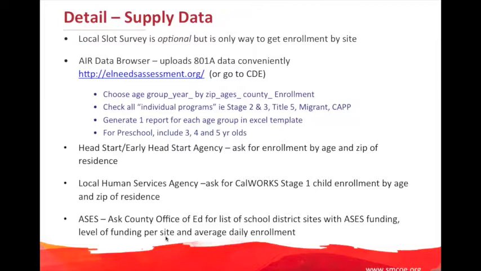This one, they do not take attendance and keep enrollment data for ACES quite in the same way. You can ask them about their average daily enrollment at different school sites, or if they can't give you that, the level of funding per school site, and then you can divide that by the 170 days of the year and the amount of ACES funding per day, and you can get a rough estimate of how many kids are served using that funding.